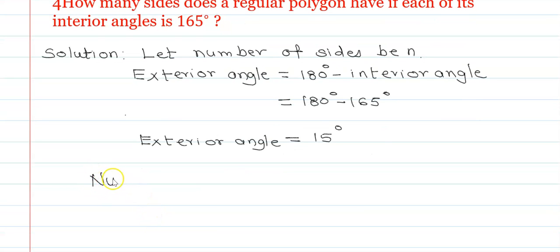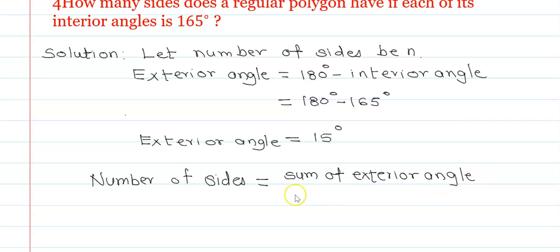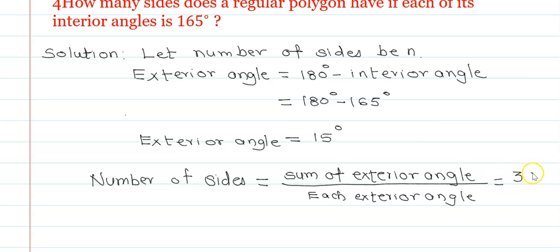and therefore number of sides is equal to sum of exterior angles upon each exterior angle, and this equals 360 upon 15.